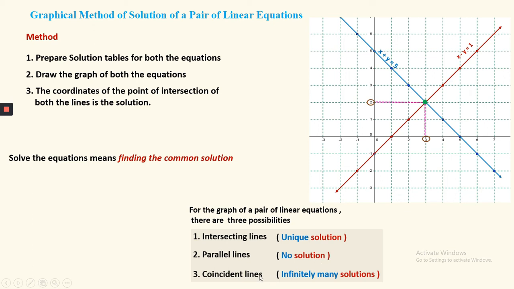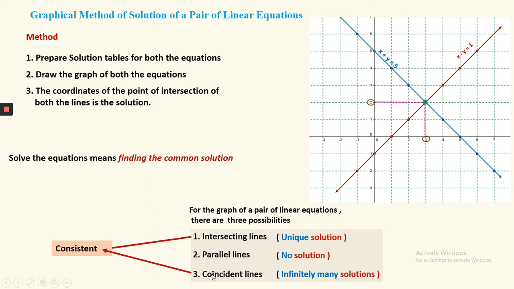When the lines are coincident, it has infinitely many solutions. Now, based on this number of solutions, these are the two cases where the equations have a solution. Here there is only one solution, and here there are infinitely many solutions.